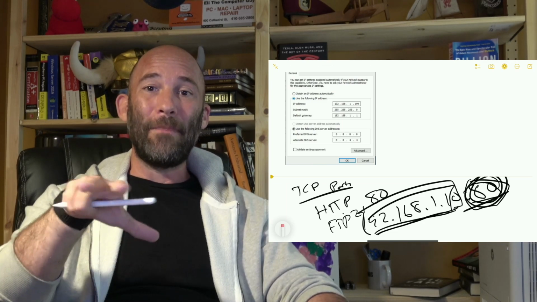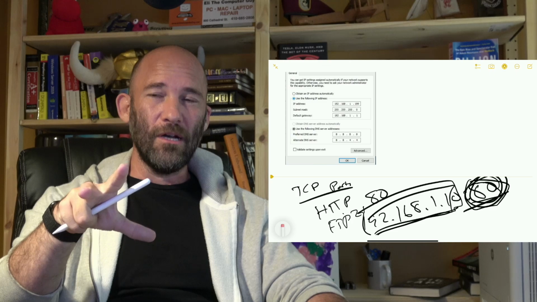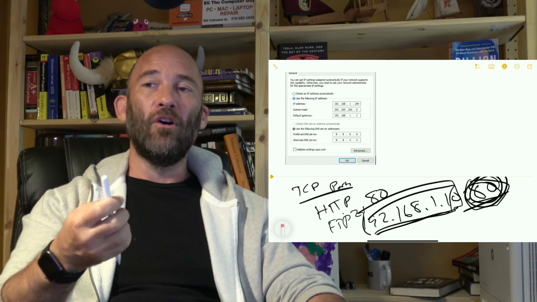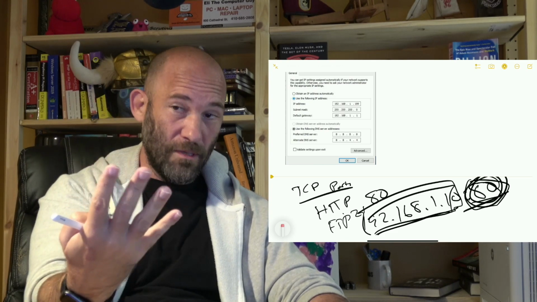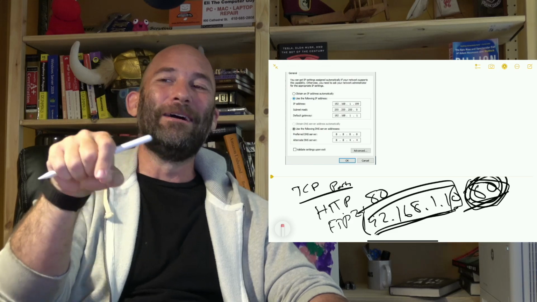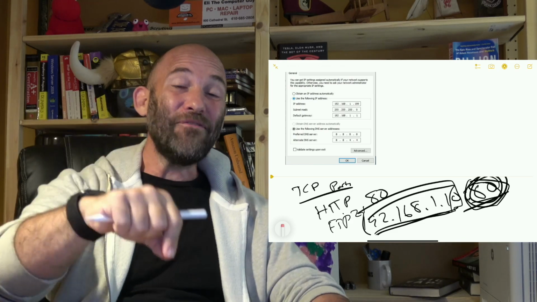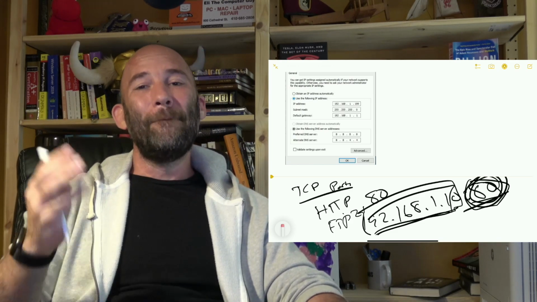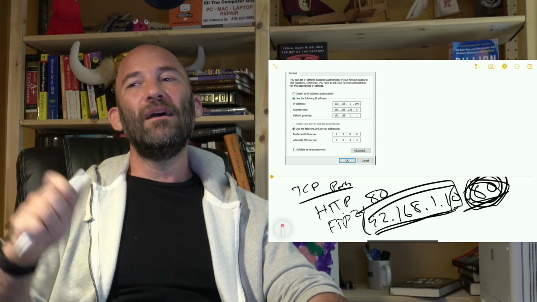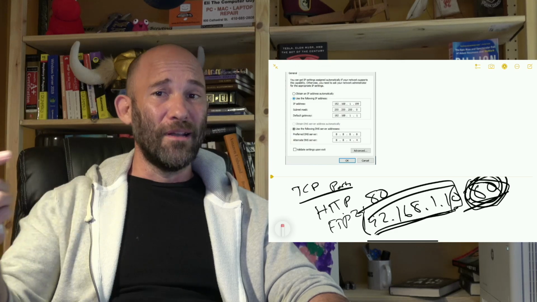PTZ is a pan, tilt, zoom camera. And so port 80 would have to be open in order to view what the camera was seeing. But then to send commands to the camera, that required a different port to be open that may or may not have actually been documented.